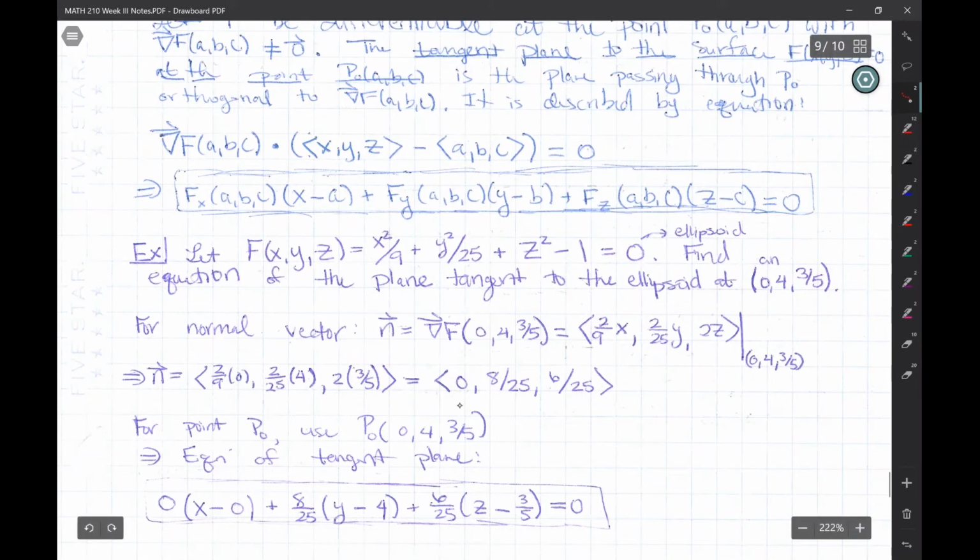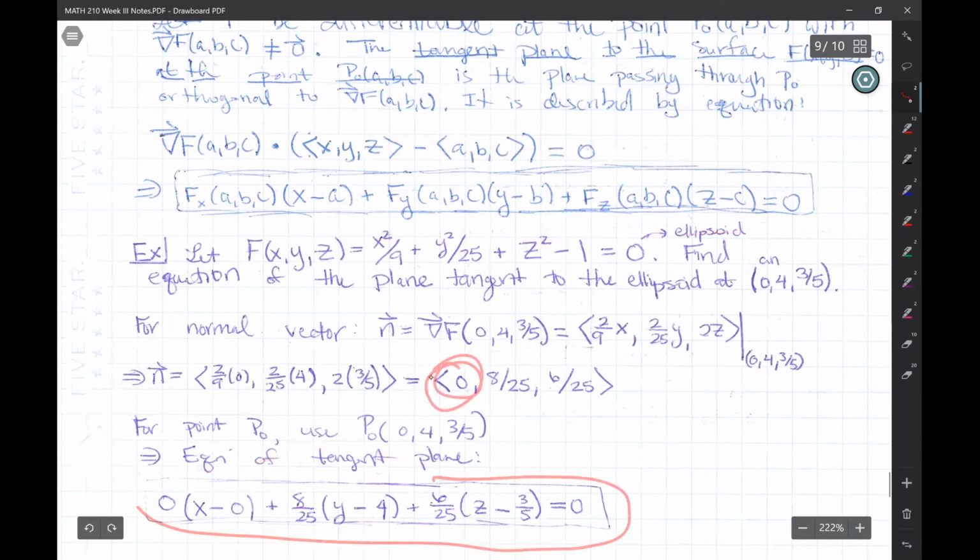So we want two things for our tangent plane. We want a normal vector, and we're going to get it by the gradient at the point where we're trying to find the tangent plane. So we take the gradient, here's the gradient, plug in this point here, and we get this value for the gradient, which we'll take as a normal vector. And for our point, we just use the point, so that's the second ingredient of a plane. And then just using this formula right here, plugging and chugging.